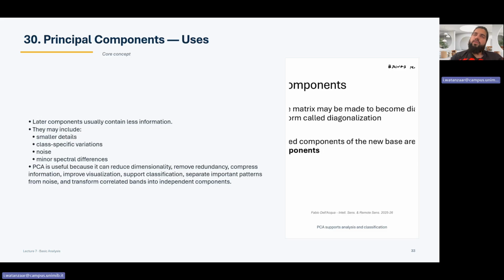That is important because if we have multiple bands with similar information, we lose time looking into every band with only a little difference or redundant information. So the best case is that principal component analysis makes them independent components. When we look at certain components, we are looking at totally different information. That's important.